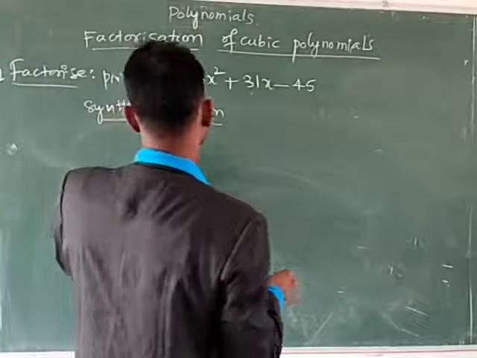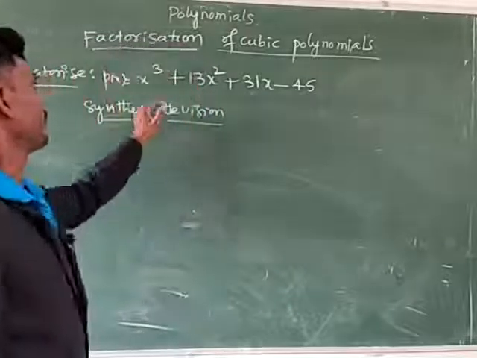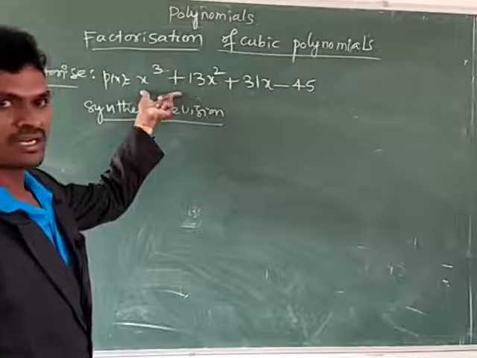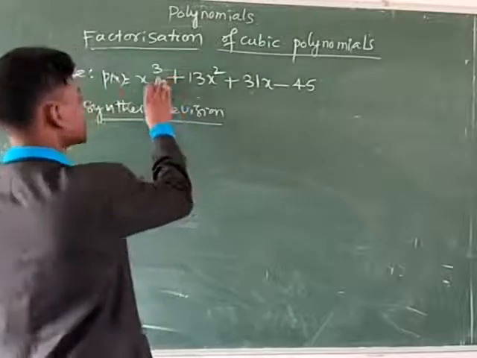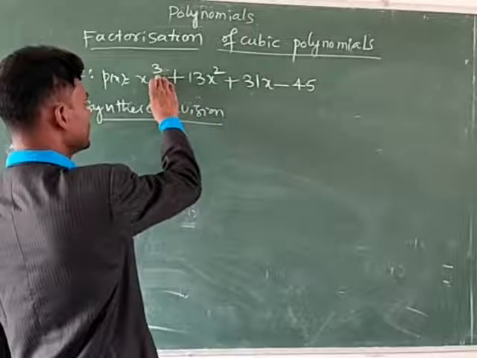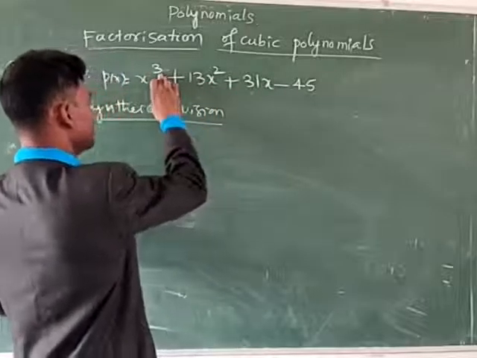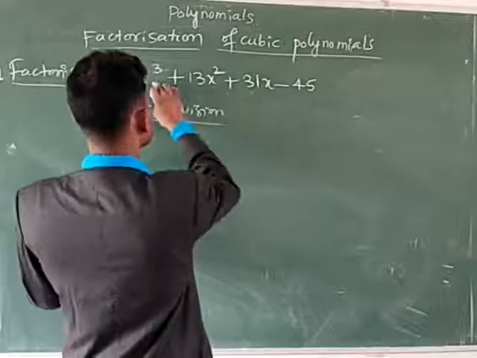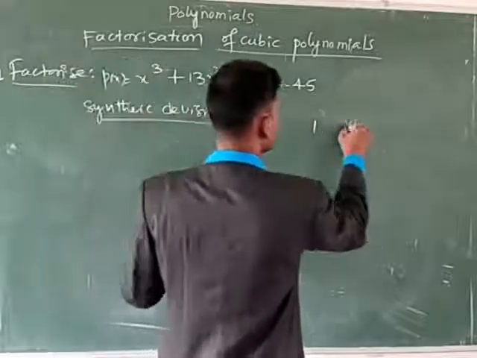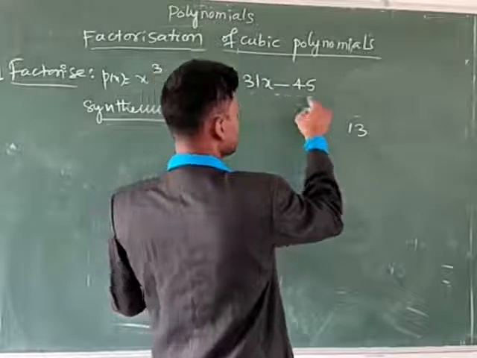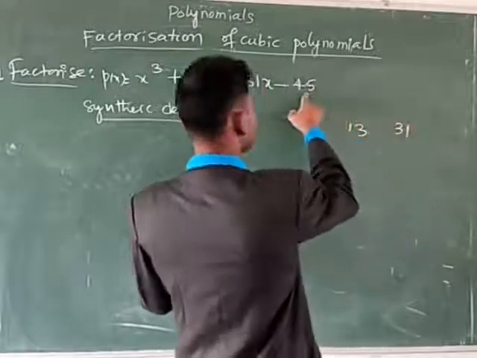Synthetic division: what is given in this polynomial, first write all the coefficients according to degree descending order. Here x cube, its coefficient is 1, next x square coefficient is 13, next x coefficient is 31, and here minus 45.